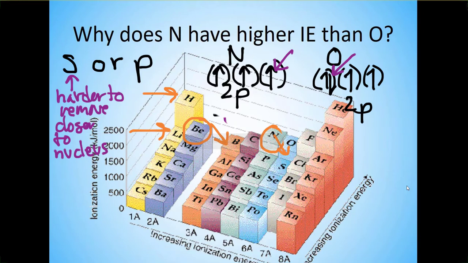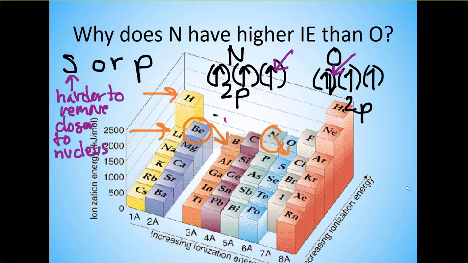So what's going on here? In nitrogen, we have 3 p electrons. They each have their own orbital. And so when we go to remove the most loosely held electron, it's just that electron in that last orbital. Now look at oxygen. Oxygen's most loosely held electron is sharing an orbital. And so there's 2 electrons in that orbital. And when you have 2 electrons together, they're the same charge, so they're going to repel each other.